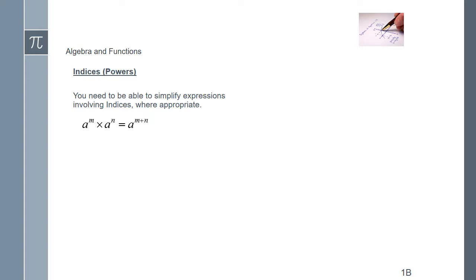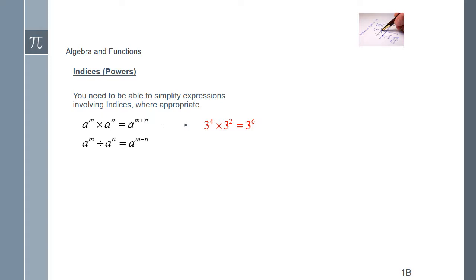We have the first rule, a to the m times a to the n, which is a to the m plus n. For example, 3 to the power 4 times 3 squared is 3 to the power 6, 4 plus 2. You just need to make sure that the big numbers, or as we call it the base, have to be the same for these rules to work.